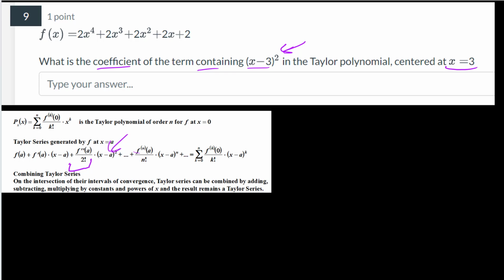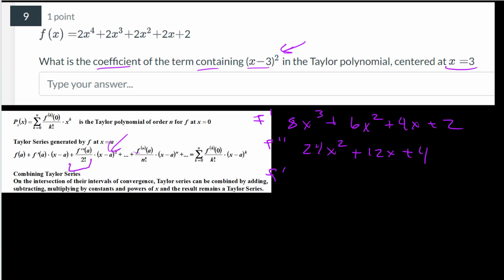So we want to take the second derivative. 8x cubed plus 6x squared plus 4x plus 2 is the first derivative. Then we're going to find the second derivative, and the second derivative would be 24x squared plus 12x plus 4.